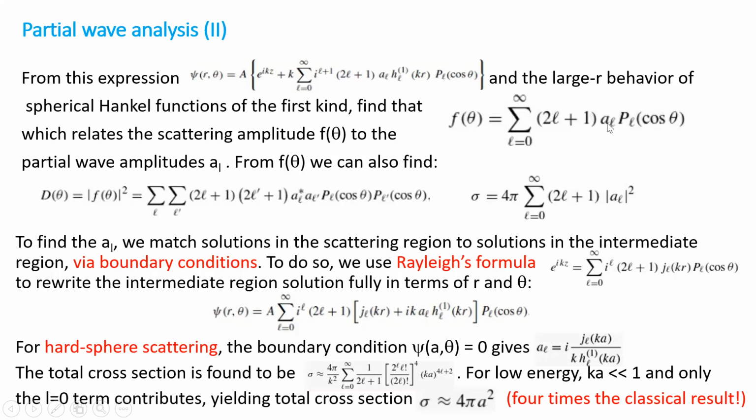And once we have the AL, we have a very nice expression which gives us the scattering amplitudes. And from the scattering amplitudes, we can get the experimentally observed differential cross-section and the total cross-section. And we had an example here for hard sphere scattering, where the quantum result was 4 times the classical result.